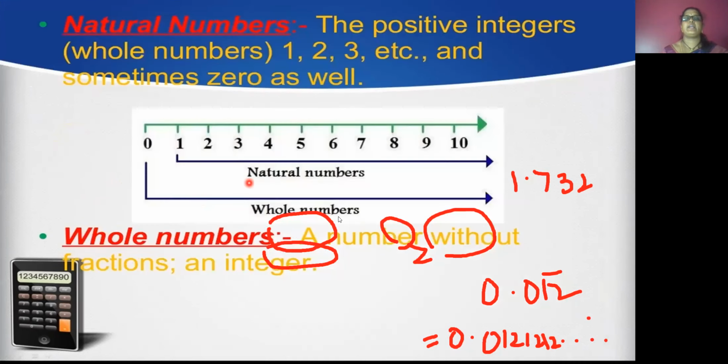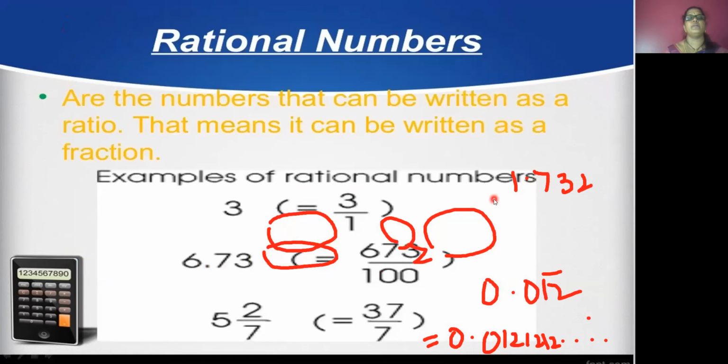On this number line, 1, 2, 3, 4 are called natural numbers. If I add 0 with 1, 2, 3, they are called whole numbers. Numbers without fractions are whole numbers, and rational numbers are in the form of P by Q, where Q is not equal to 0.